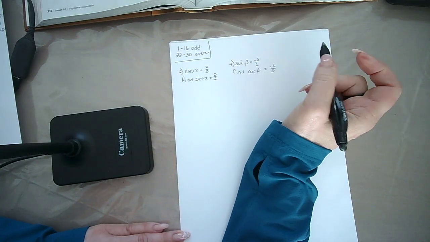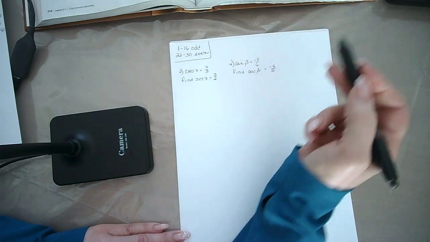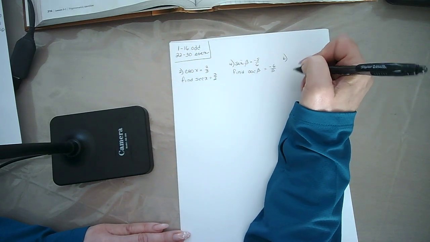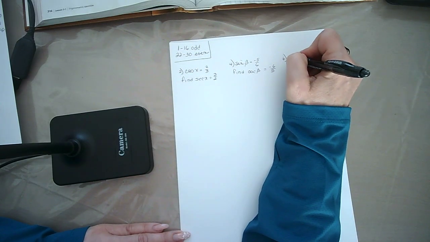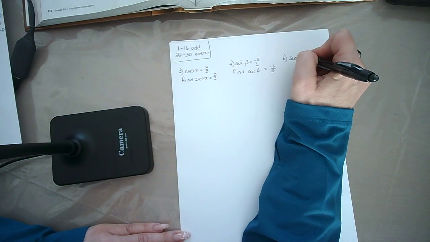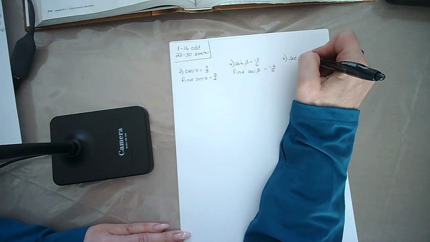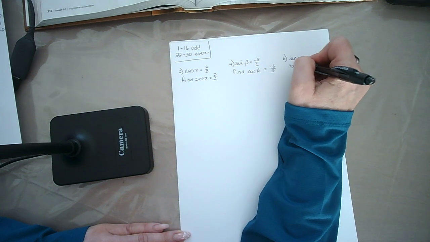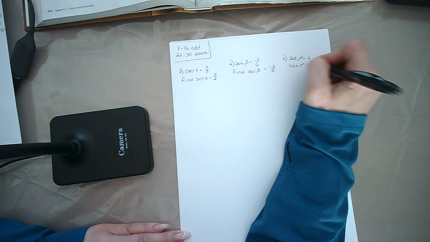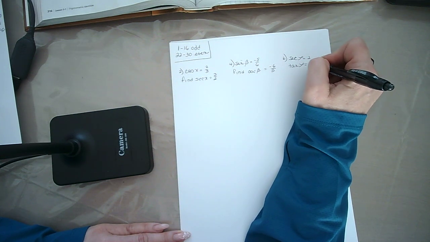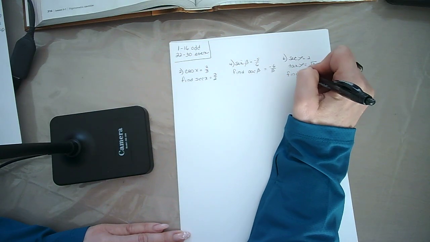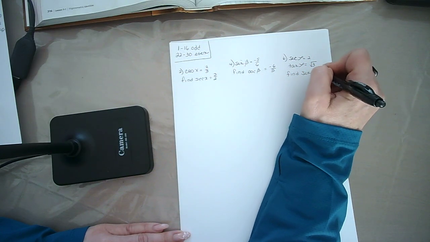Okay, and then number 6: if the secant of that symbol equals 2, and the tangent of that symbol is radical 3, find the sine of that symbol.